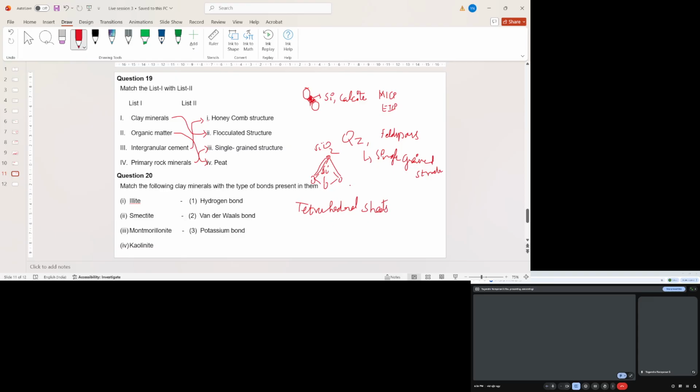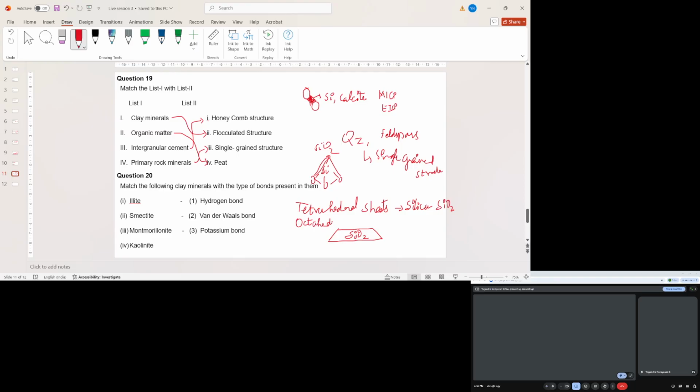Tetrahedral sheets are usually silica sheets, SiO2 sheets. The arrangement is like this, and they are denoted by a trapezium. This is the silica sheet. Now, the second type of sheet arrangement is octahedral.